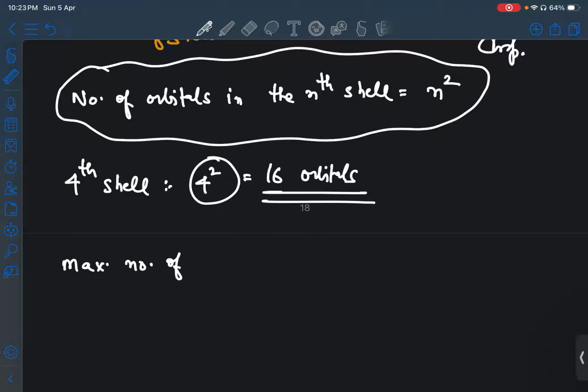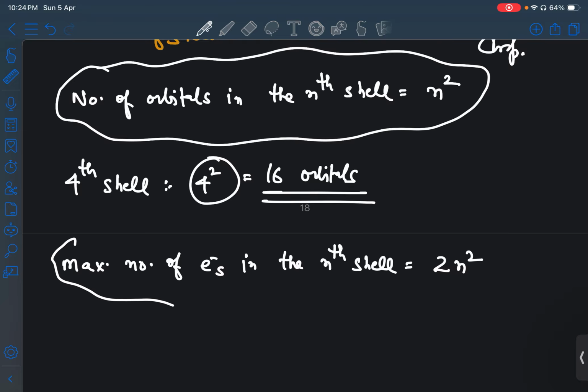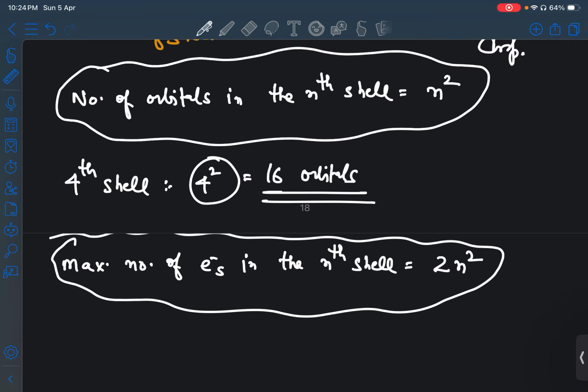Maximum number of electrons in the nth shell is equal to 2n square, because it is the double, since every orbital contains 2 electrons. That is why we have created this formula: maximum number of electrons in the nth shell equals 2n square.